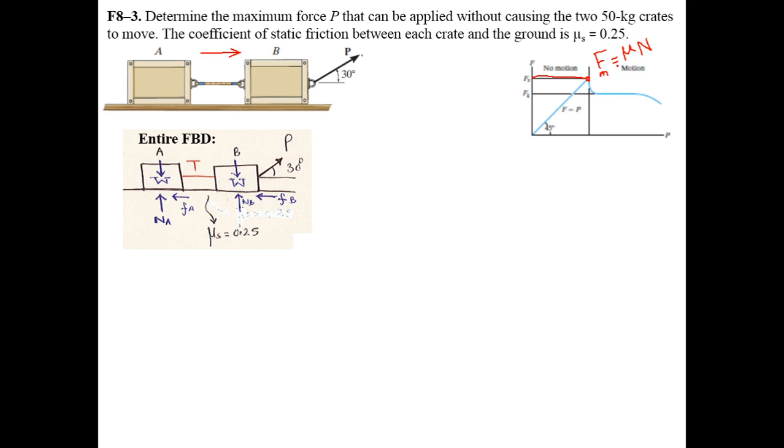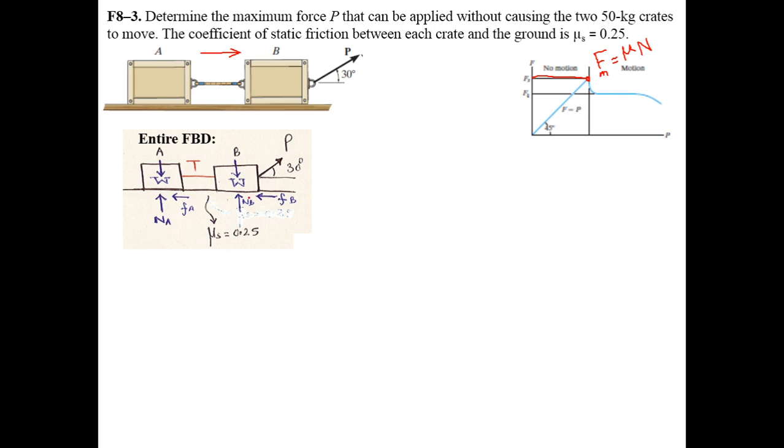So we have two more equations now available. If we separately consider the free body diagram of A and B, we will have a total of four equilibrium equations, two for block A and two for block B, and we have two friction equations as well: Fa equals mu a times Na for this block, and Fb equals mu b times Nb for this block.